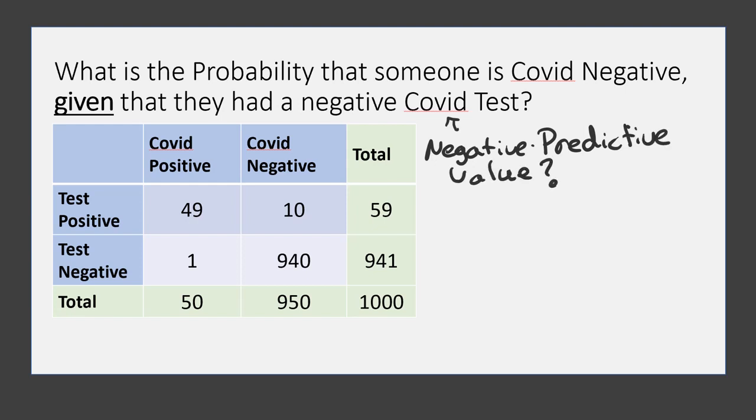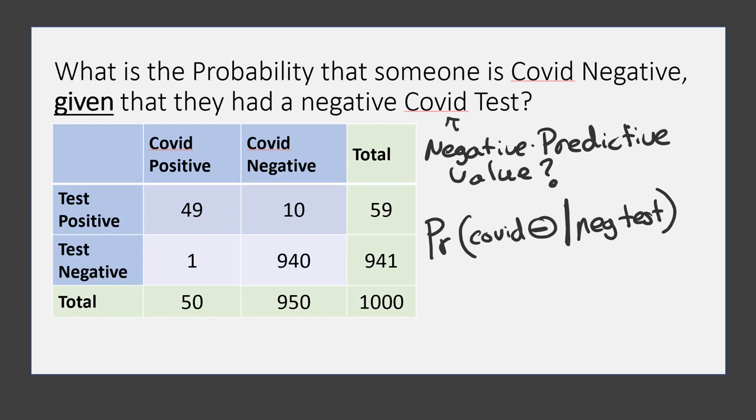We would write that out using statistics language as the probability of being COVID negative. I'm going to use the little dash sign to mean negative. Given, in statistics we use this bar to represent the word given, that they had a negative COVID test.